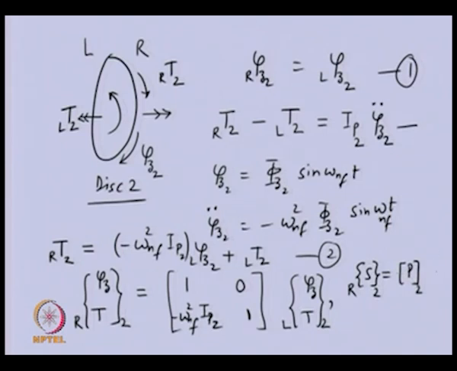Now, another one is the field variable that is left of 2. You can see that this particular relation is relating the field variable at the left of disk 2 to the right of disk 2. That means, if we know the field variable at left of disk 2, if we pre-multiply by the point matrix, we can get the field variable at the right of disk 2.